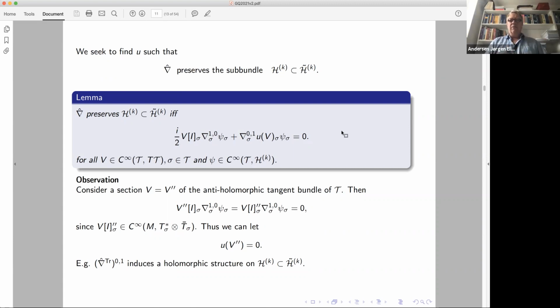So what it says is that for every section over T into the holomorphic subspaces, and for every vector field on T, and for every point on T, if you first take a sigma, you then take the d-bar operator of the connection in the pre-quantum line bundle, apply it to the section, and then you compose it with this endomorphism here on the form part, and to that you add the d-bar operator applied to your differential operator indexed by V at sigma, applied to the section. You want that to be 0. That's exactly the condition. It's a little algebraic equation that you have to satisfy. Well, it's really not algebraic, of course, it's a differential equation.